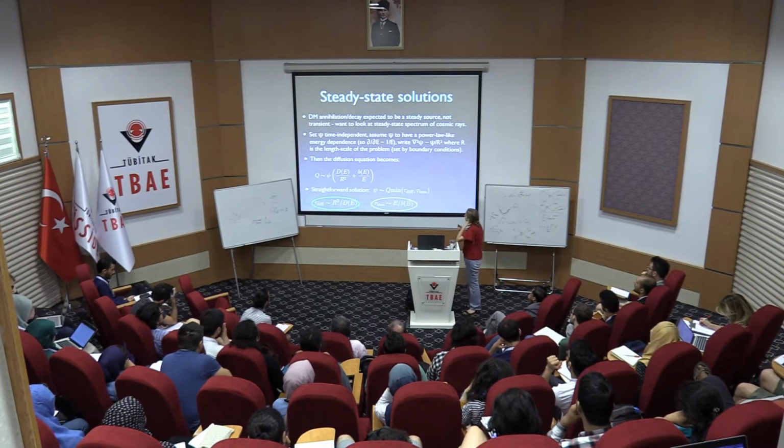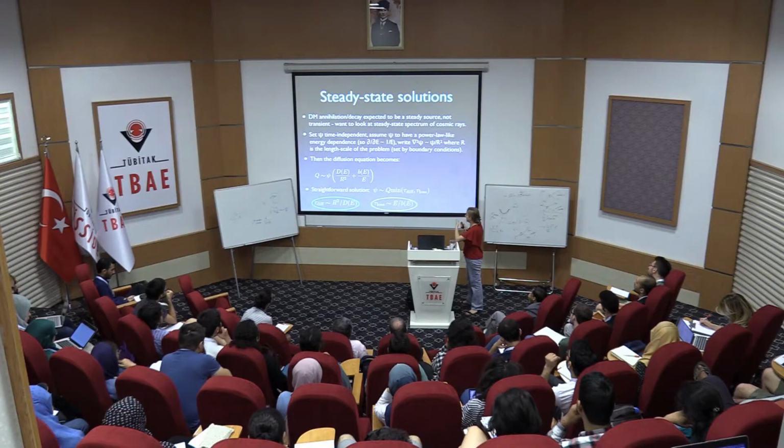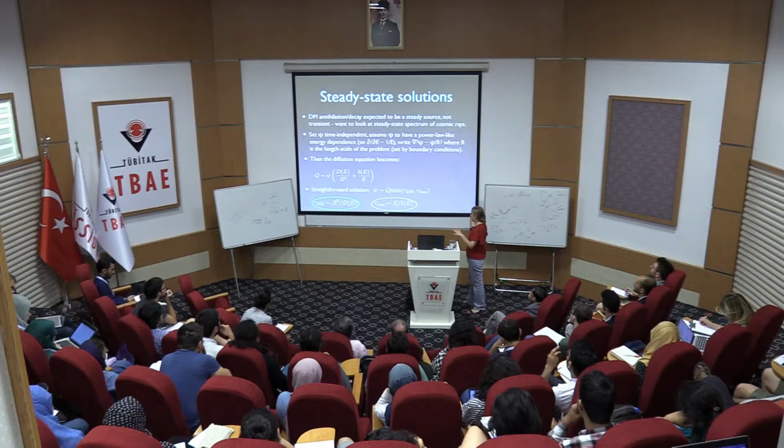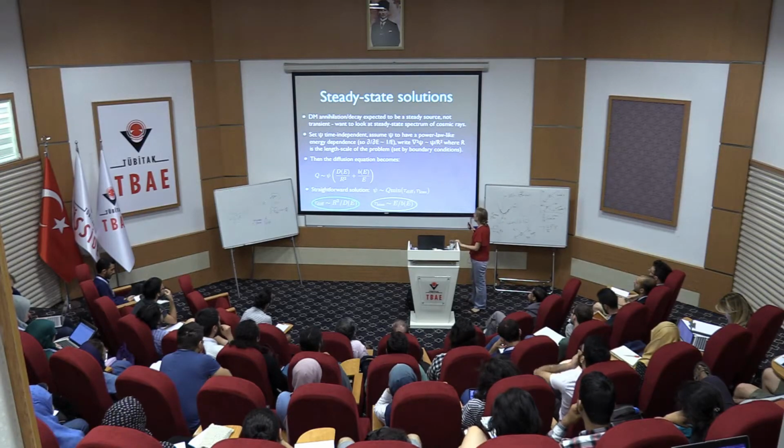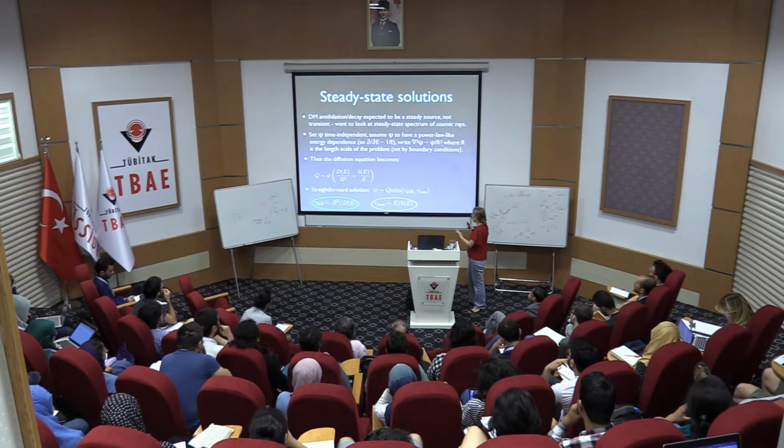If we assume that this steady state flux has a power law like energy dependence, then the derivative with respect to E just becomes a factor of 1 over E. If we assume, again, a fairly smooth distribution spatially, we can estimate the second spatial derivative as just 1 over some spatial scale squared.